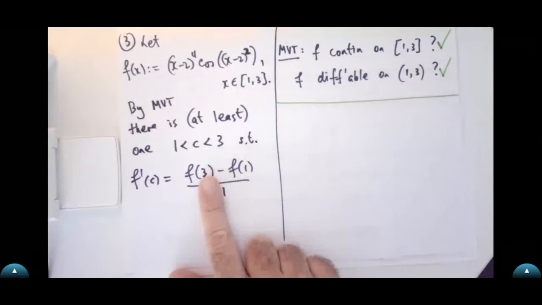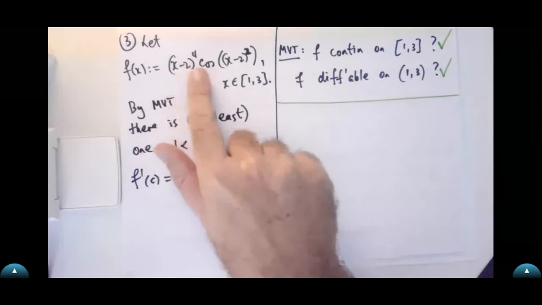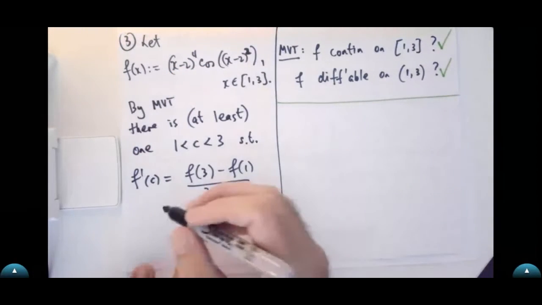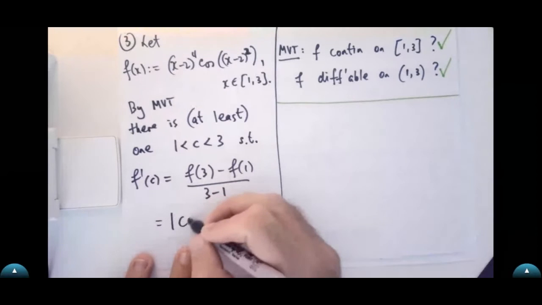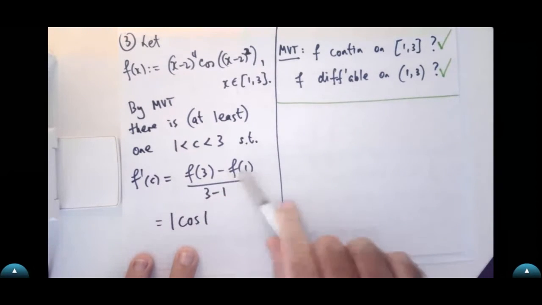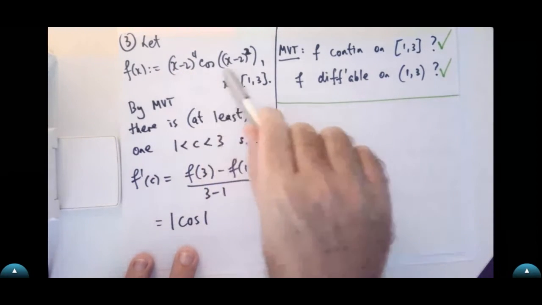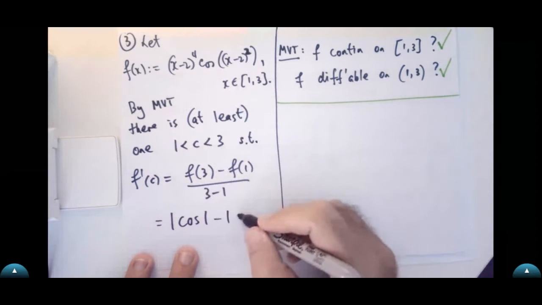So what is f of 3? F of 3 is going to be 1 cos 1. What is f of 1? 1 cos 1.